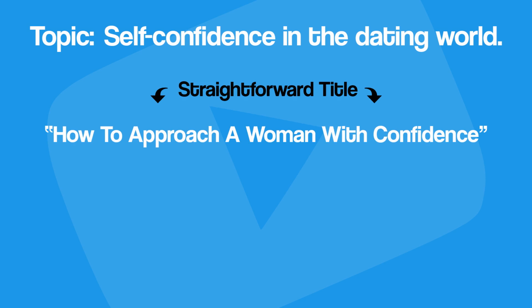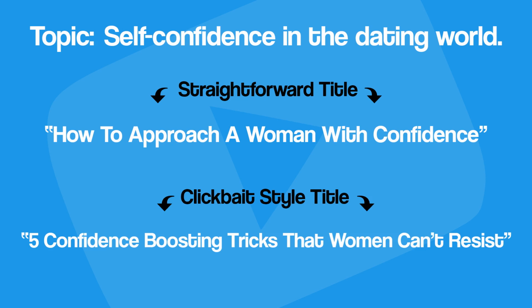Or you could use the popular list strategy and go with something along the lines of, "5 confidence-boosting tricks that women can't resist." The first title being straight to the point and descriptive, and the second directly playing into the target viewer's emotions and curiosity, which will lead them to clicking that link. Neither of these are right or wrong. It's all a matter of personal preference and how you want your brand perceived.